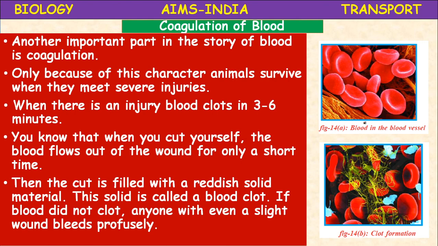So it involves chemistry. What chemistry is involved in blood coagulation? You know that when you cut yourself, the blood flows out of the wound for only a short time, that is 3 to 6 minutes. Then the cut is filled with a reddish solid material.